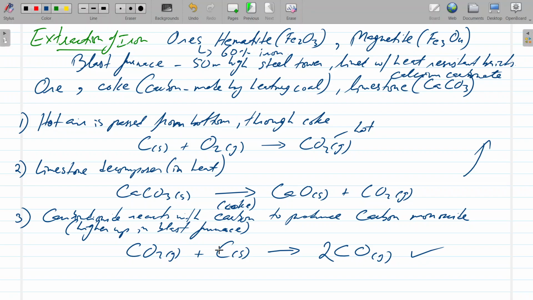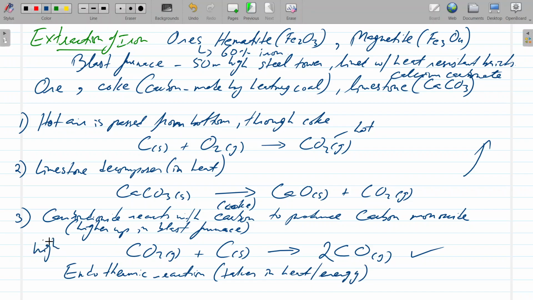Acha, this is an endothermic reaction, which means it takes in heat or energy. And so high temperatures are required, because if this reaction is going to utilize heat, it needs heat in the surroundings to take in.